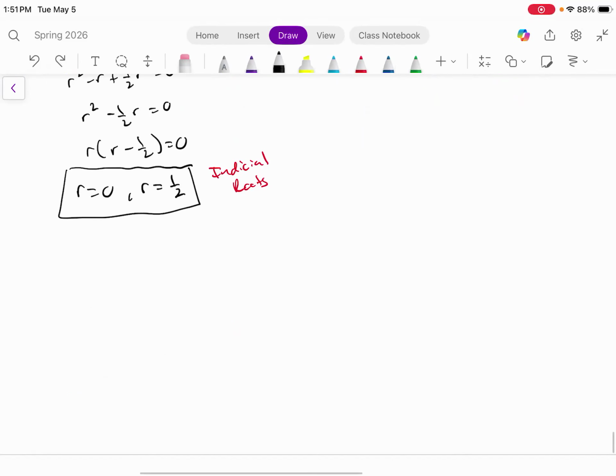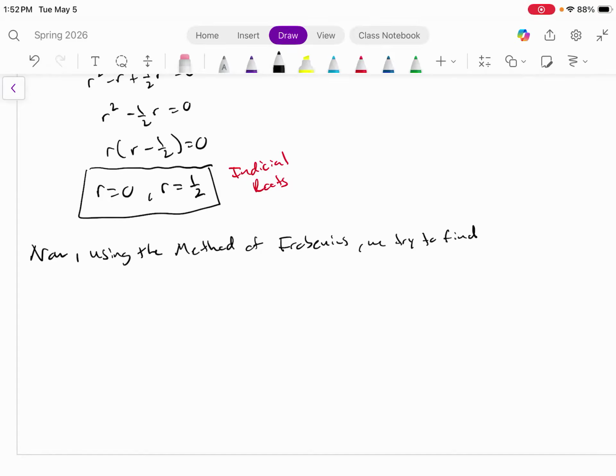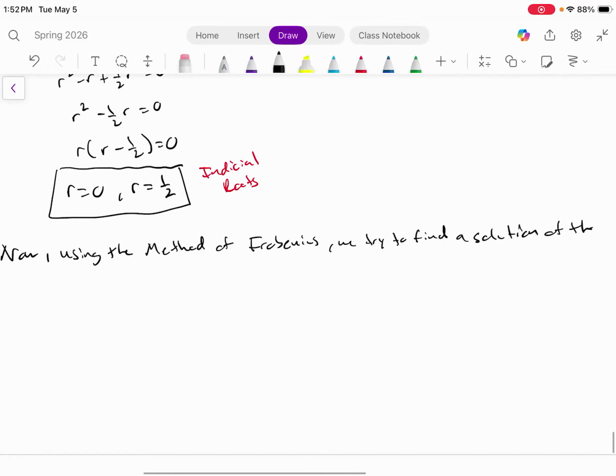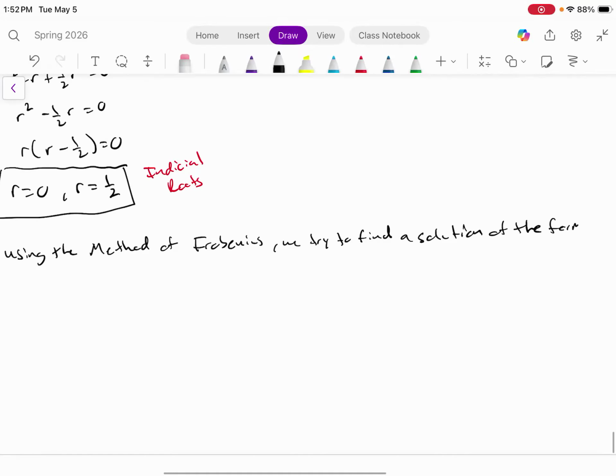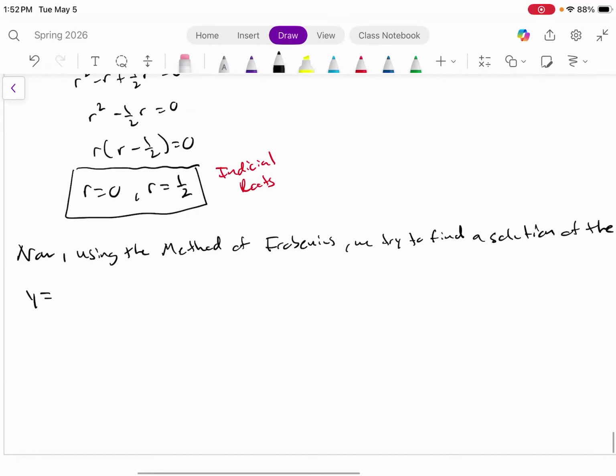Now, back to solving the differential equation using the method of Frobenius, we try to find a solution of the form, like we talked about previously, y equals the sum starting at n equals 0 of a sub n, x to the n plus r.